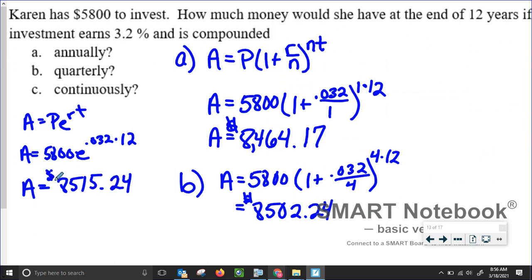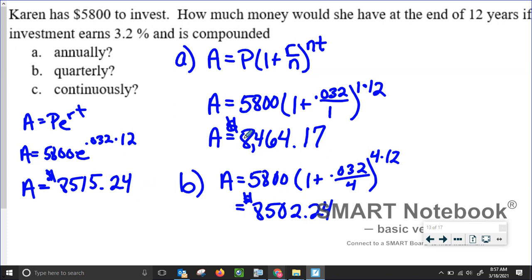Now notice that the more times per year you compound, here's 1 time per year, here's 4 times per year, here's infinite times per year, the more interest you gain. It's not a ton, but that's a way to check yourself.